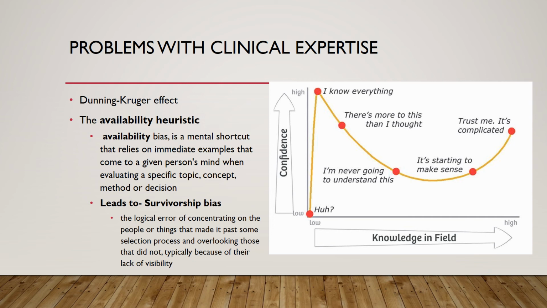Overall, this whole Dunning-Kruger problem is effectively that whenever people begin to research something or think about something, they immediately think that they're an expert. So the biggest problem with clinical expertise is not being suspicious enough of yourself to realize that there's so much that I don't know.